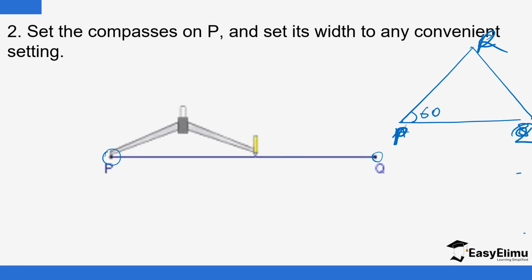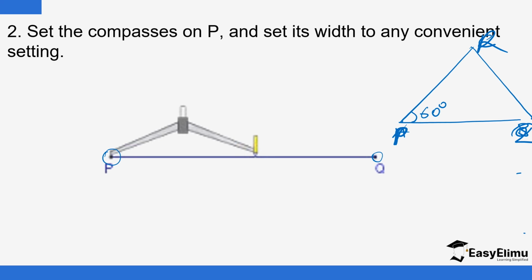Then that means you have to construct the angle 60 degrees at P. That is the interpretation. If you are to construct a triangle and you are told angle RPQ is 60 degrees, then it means that you have to construct the angle 60 degrees at point P.